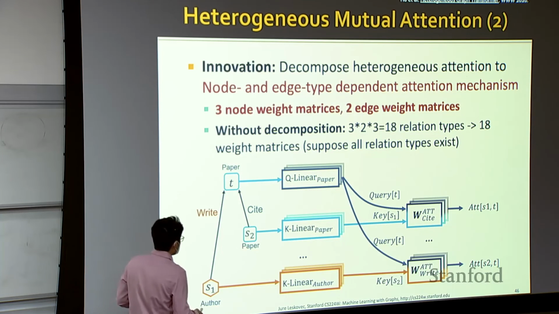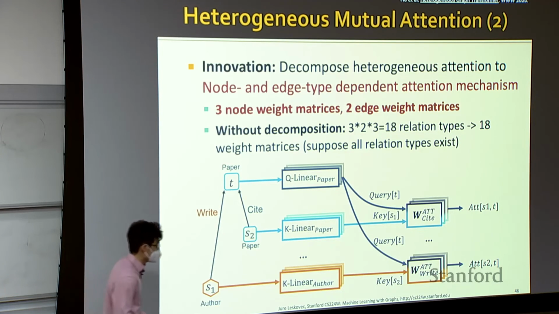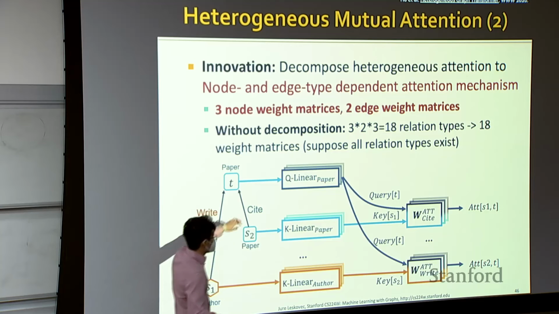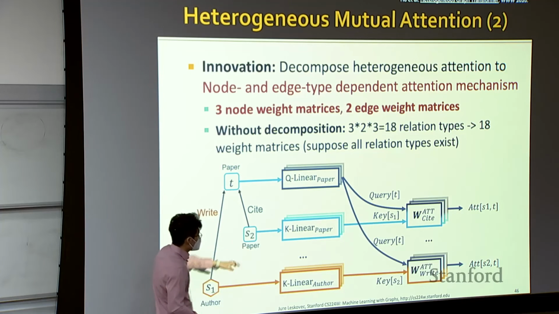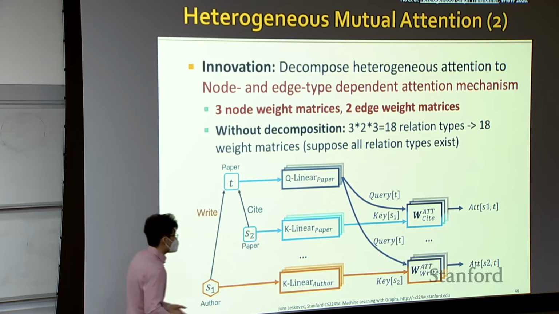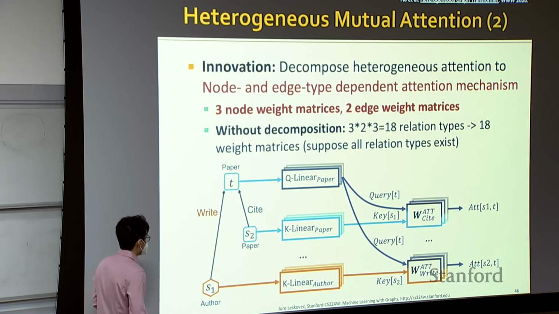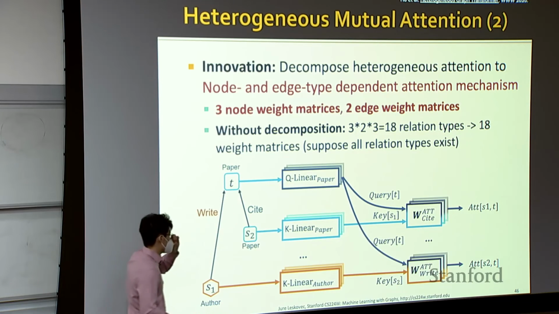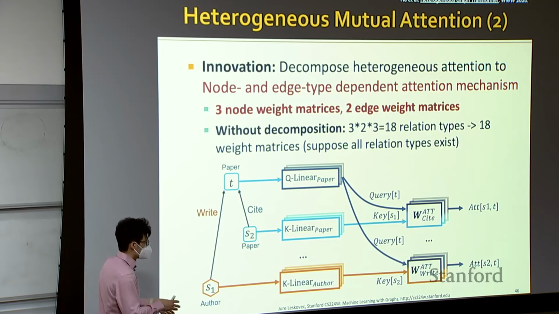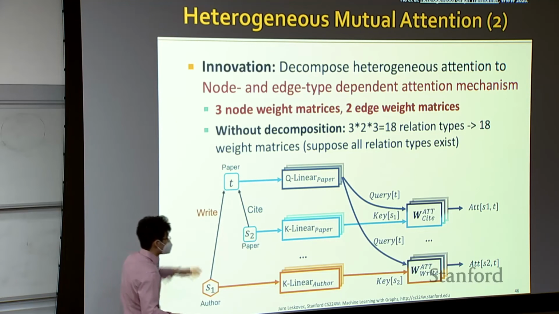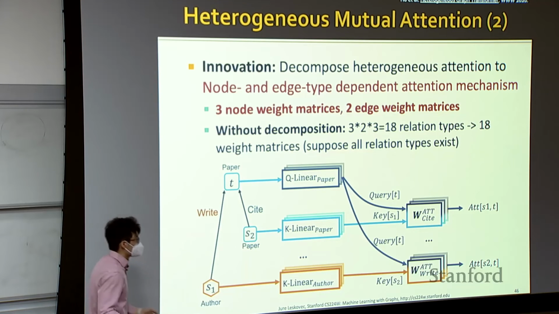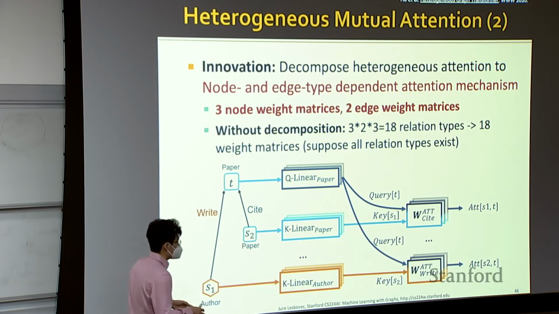So this is the idea behind HGT, the heterogeneous graph transformer. We talked about projecting the input with Q linear to the query and K linear to the key. In this idea, we want to decompose the tuple and project the different components of the relation type, node type, edge type, node type, with different projections. The purpose of doing so is that we want to reduce the number of weight matrices.